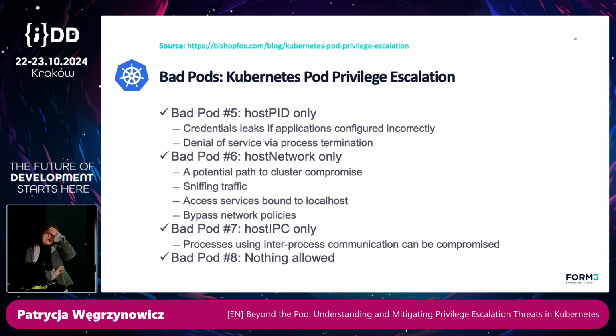So if we list them and there is some password configuration in a command line, then a hacker can see and pick it up easily. Then denial of service, because once a hacker gets access to all the processes, they can terminate whatever process they want.